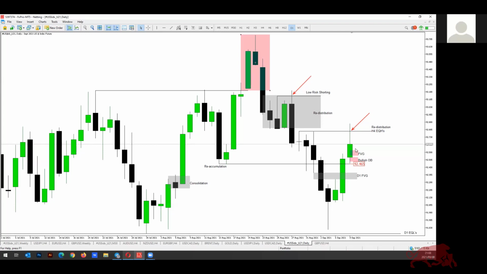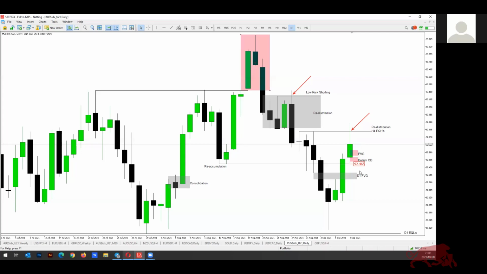So I'm sure we should see dollar trade lower tomorrow, because of this price action that we got today, the way price traded above and rejected the higher prices. One, you've got this bearish order block. Two, we've got two equal highs, both on daily and H4. There's a whole lot of liquidity lying up there.